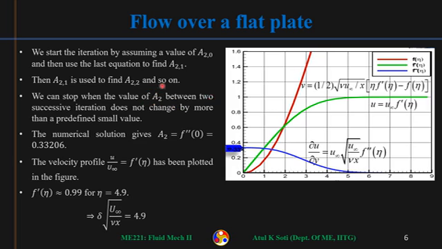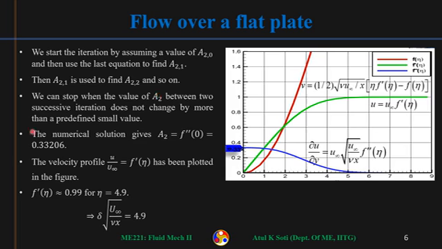The changes in a2 between two consecutive iterations will keep becoming smaller and smaller. When two consecutive values stop changing by, let's say, 10 raised to the power minus 3, the third digit after the decimal, then we say we have arrived at an acceptable value of a2. That is how we work to find a2.